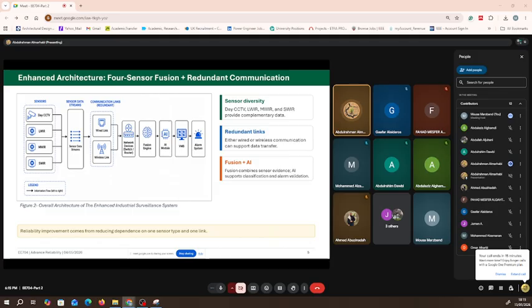Instead of relying on one type of communication, the enhanced system uses both wired and wireless communication. After communication, the data is processed through the network devices, then the Fusion engine combines all these images. After that come the video management system, the AI modules, and the alarm system.